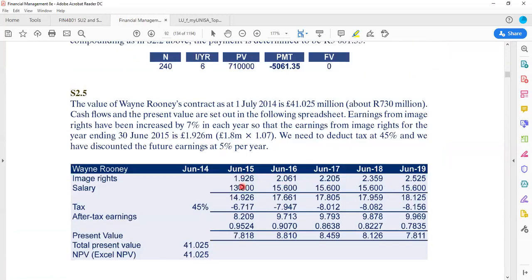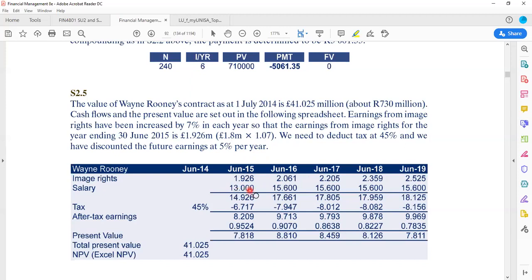So initially the image rights were 1.8, and then that 1.8 was increased by 7% to 1.926. 1.926 was multiplied by 1.07 to increase it to 2.061. This 2.061 was increased by 7%. So they just increased the image rights each year by 7%.